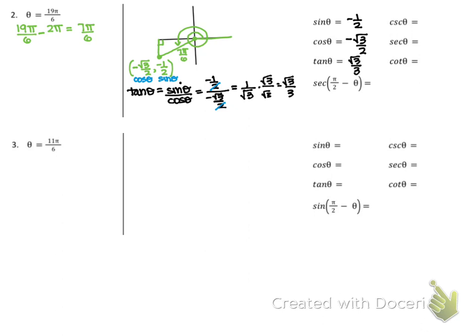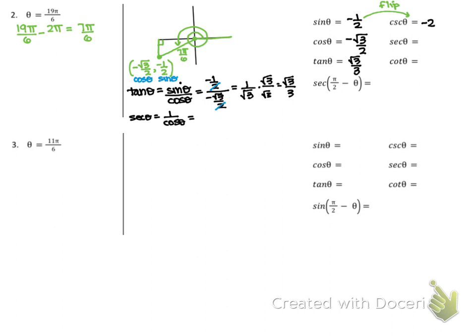And then I'm just going to go back and do the same thing that I did before. I'm going to take my cosine and flip it. That's going to give me negative 2. I'm going to take my sine and flip it. I'm going to take my cosine and flip it. Okay, I might need to do some work for this one. So if I want to do secant, secant's going to be 1 over cosine, or just the reciprocal of cosine.